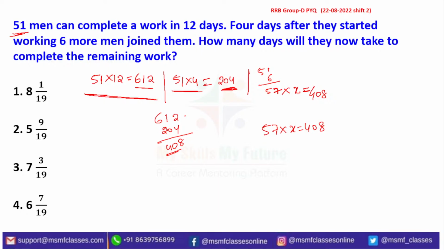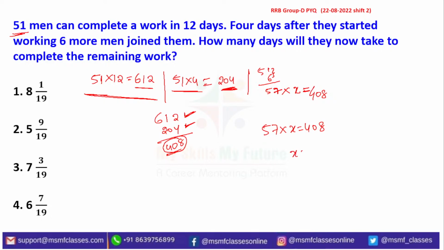Total men work is 612, out of which 204 is completed. So remaining men work is equal to 408. So in how many days will the remaining work complete? After joining six men, the number becomes 57. So 57 into days is equal to remaining men work.